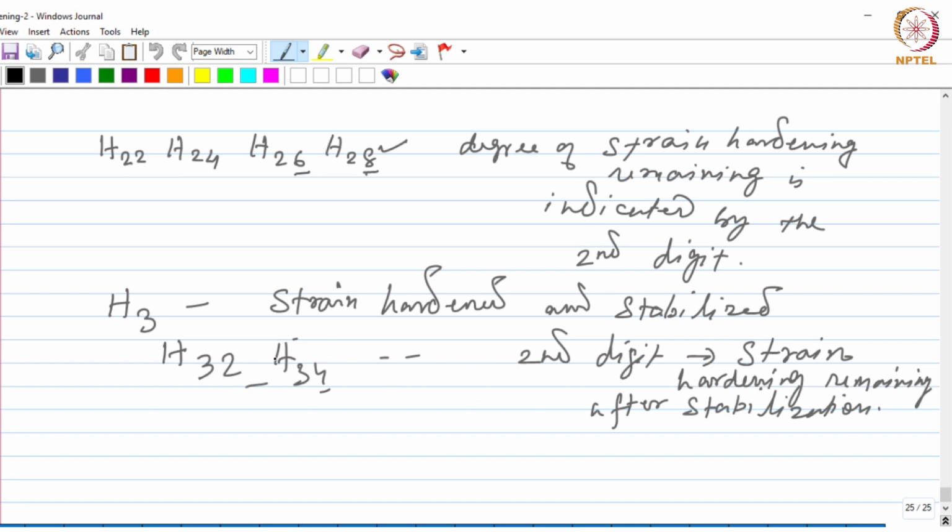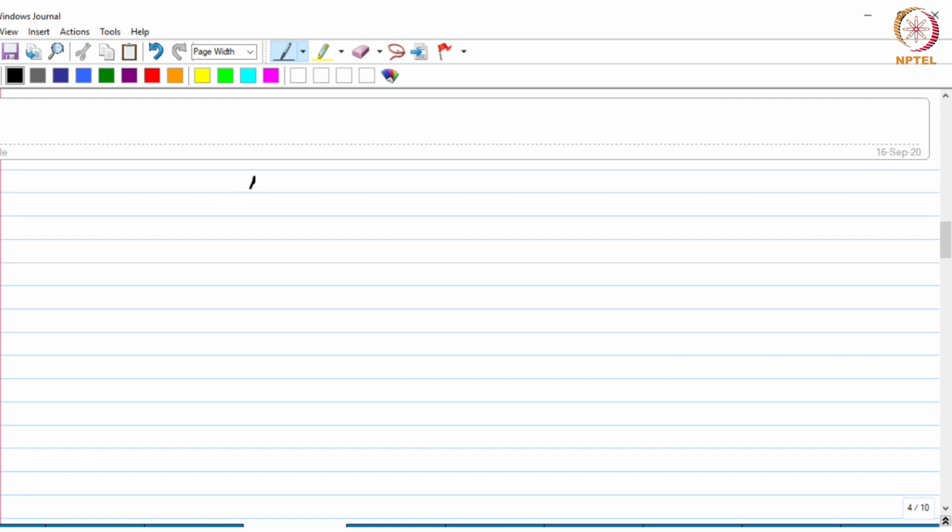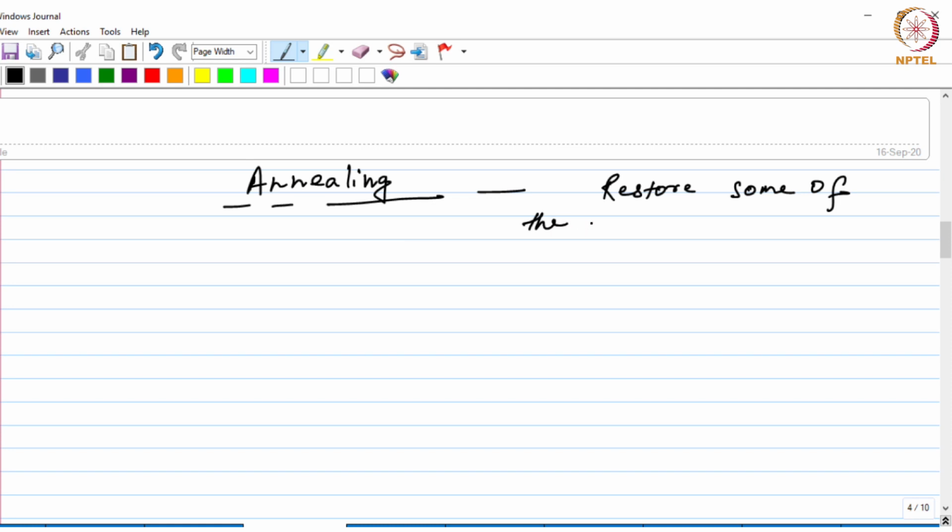So the other part that we need to discuss now with regard to strain hardening is the annealing. So this is given to restore some of the properties that could have been lost due to the cold working.